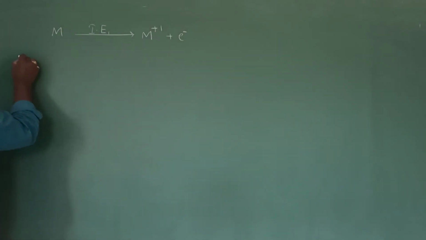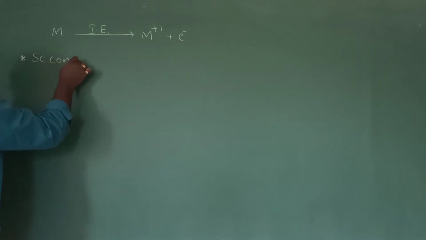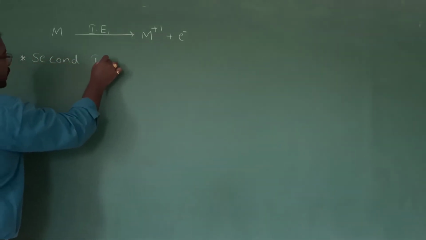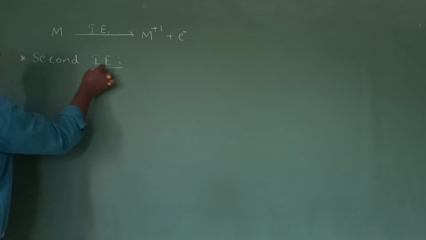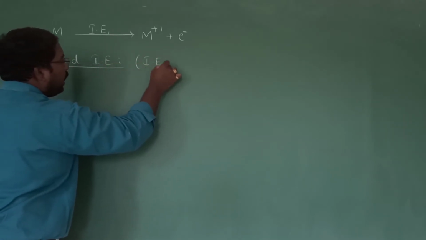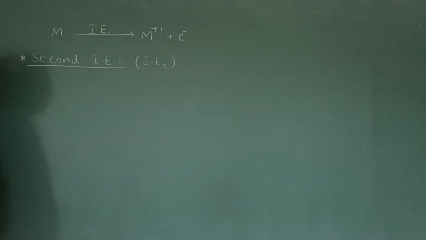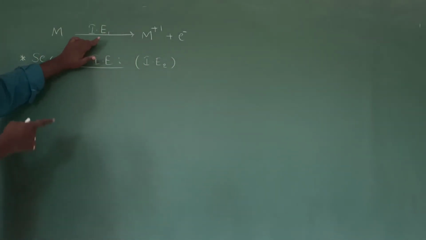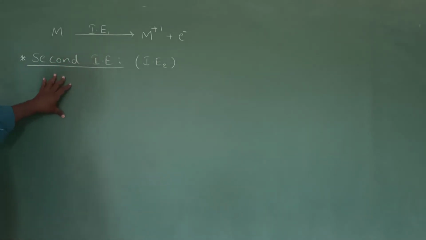Now, let us discuss what is meant by second ionization energy. Second ionization energy we can represent as IE2. The first one, whatever definition we discussed, that is IE1. Now coming to second ionization energy.